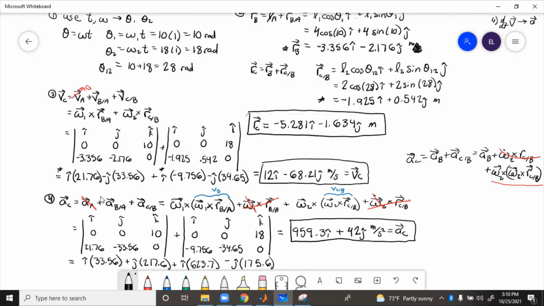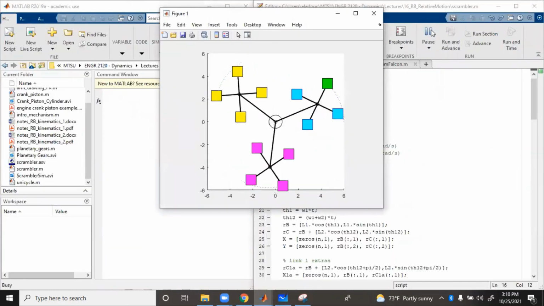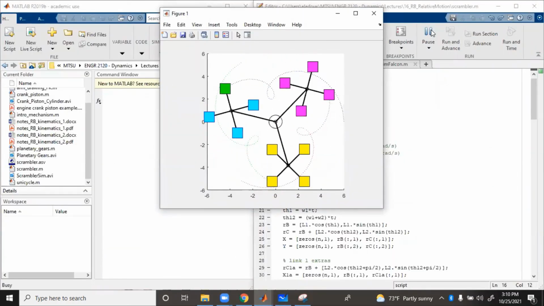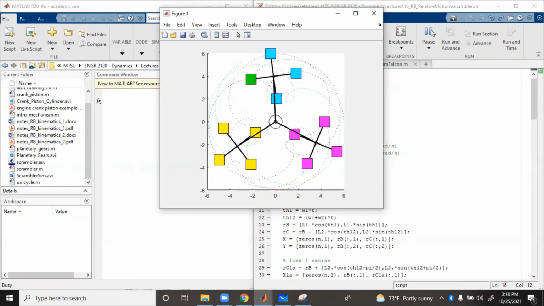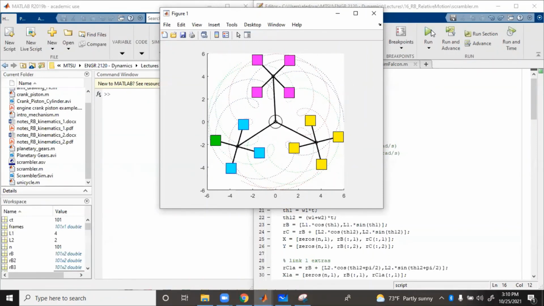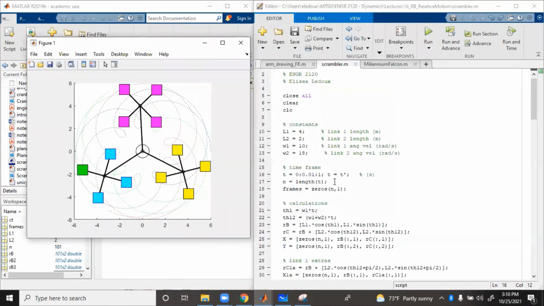Now let's look at a simulation of this. This simulation runs for time going from 0 to 1 second. We can see over here, t goes from 0 to 1 second in increments of 1/100th of a second.